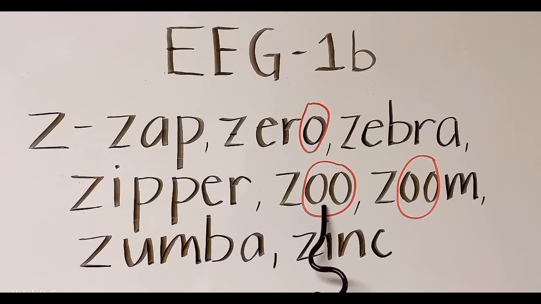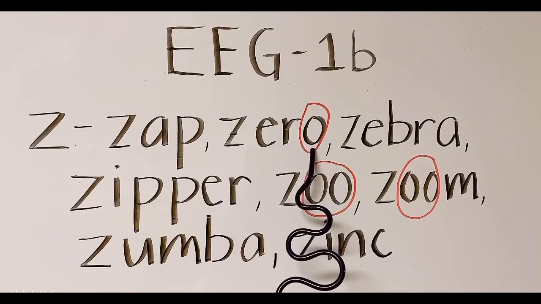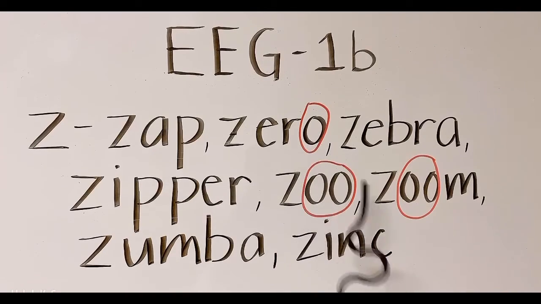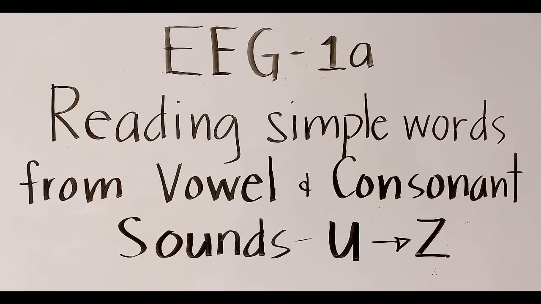So the sound is oo, zoo, oo, zoom. Again, O, zero, oo, zoo, oo, zoom. Okay, good. So we are done reading simple words from vowel and consonant sounds U to Z.